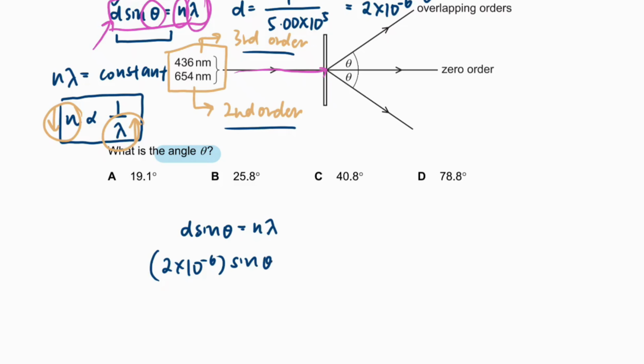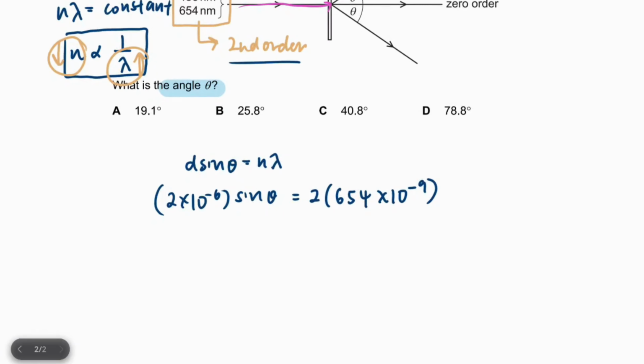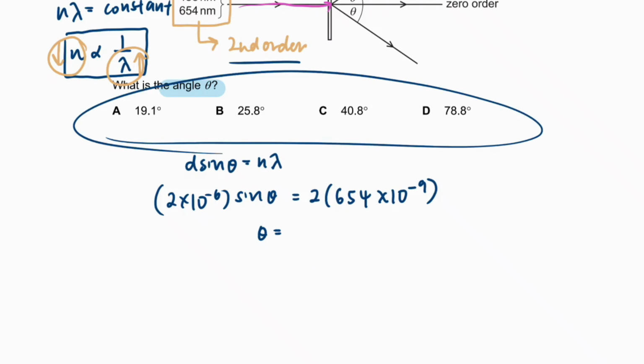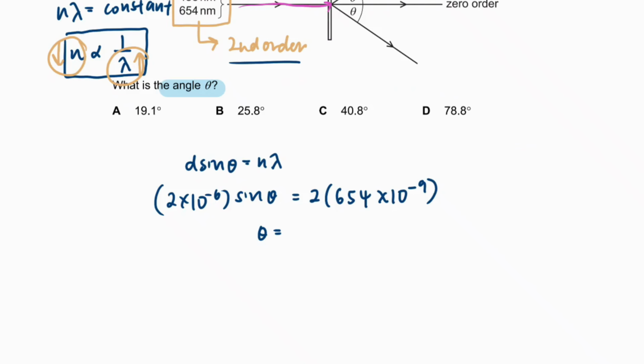Sine theta is what you want to find. n is 2. Your wavelength is 654. Remember, nanometer must be converted to meters, therefore times 10 to the power of negative 9. Then you calculate and find your theta. Make sure your calculator is in degrees because all the answers are in degrees. If not, you might not get the right answer. After calculating it, you will get 40.8 degrees.